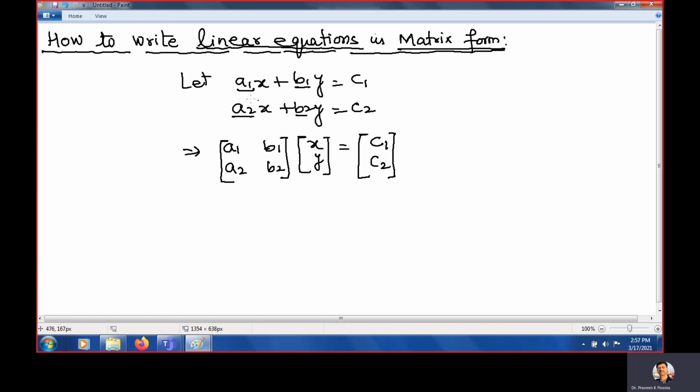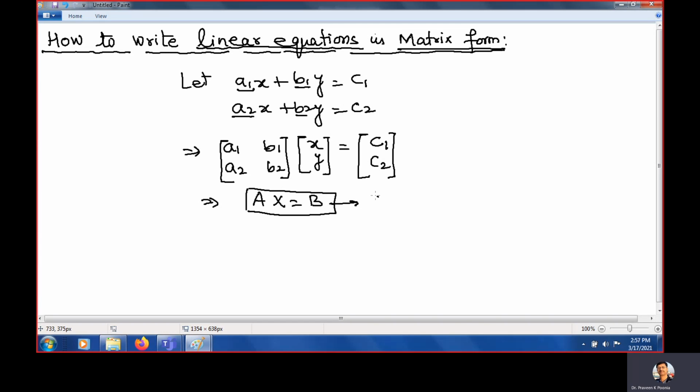If you move back, you will get the same equations, because if you multiply these two matrices, you will get the same. And this is denoted by Ax equals B. Clear? So this is the standard form of linear equations in matrix form.